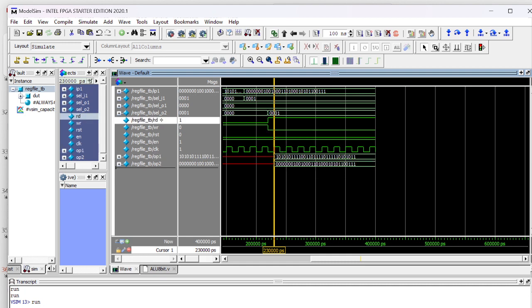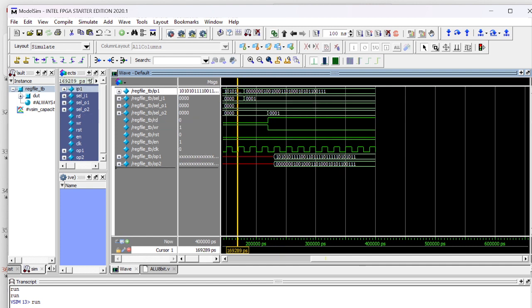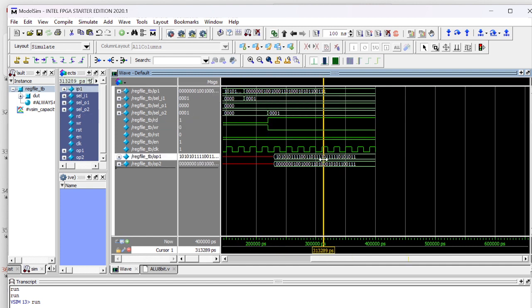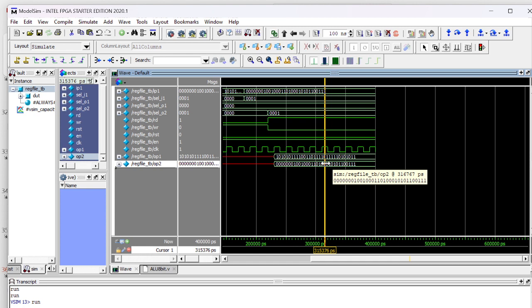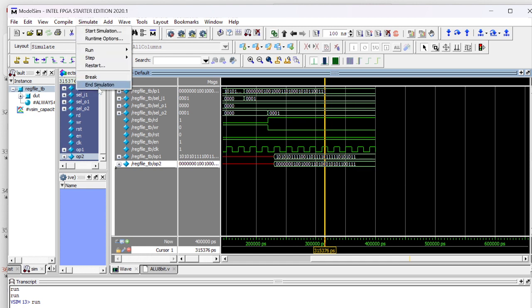RD is equal to 1. So in the read operation we are reading both operand 1 and operand 2. Here at 0, 0 this is the operand written, 0, 1 this is the operand written. So both the locations we are reading. So this is our register file.